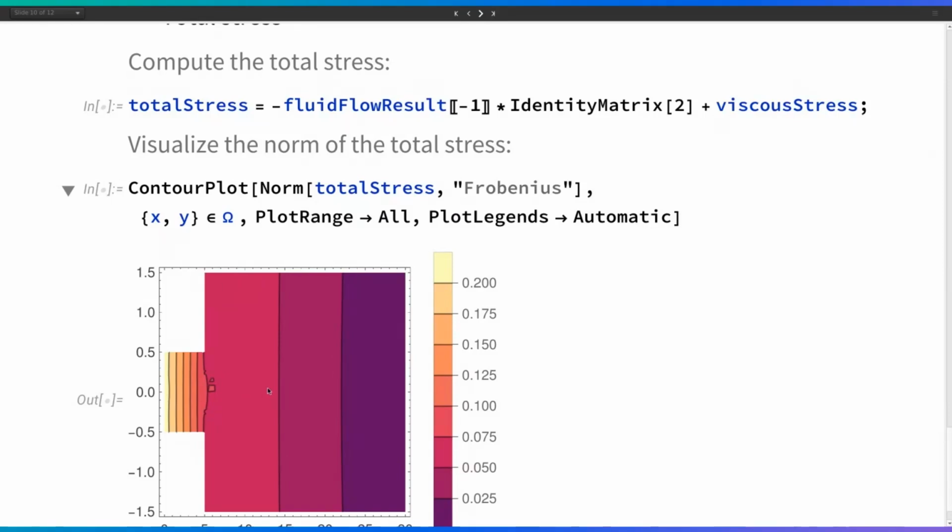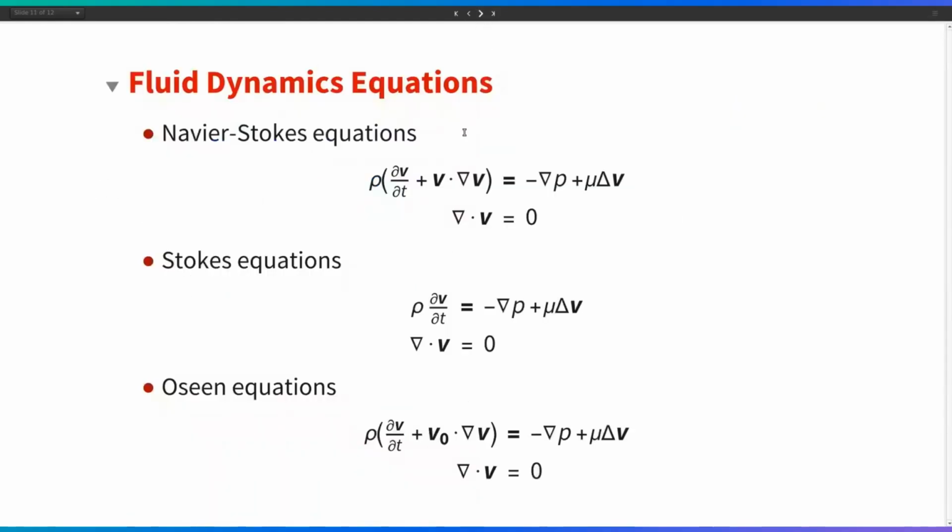And in the remaining few minutes, I would like to also briefly talk about our plans for the version 15.1. So if we, for simplicity, just talk about Newtonian fluids, that is fluids with constant viscosity, that are incompressible, then what we currently have implemented in the Wolfram language are the Navier-Stokes equations, which can be obtained by using the fluid flow PD component.